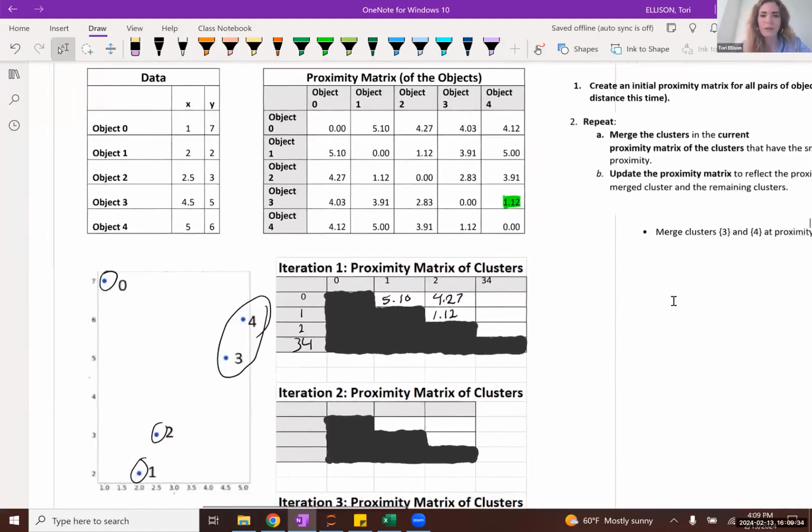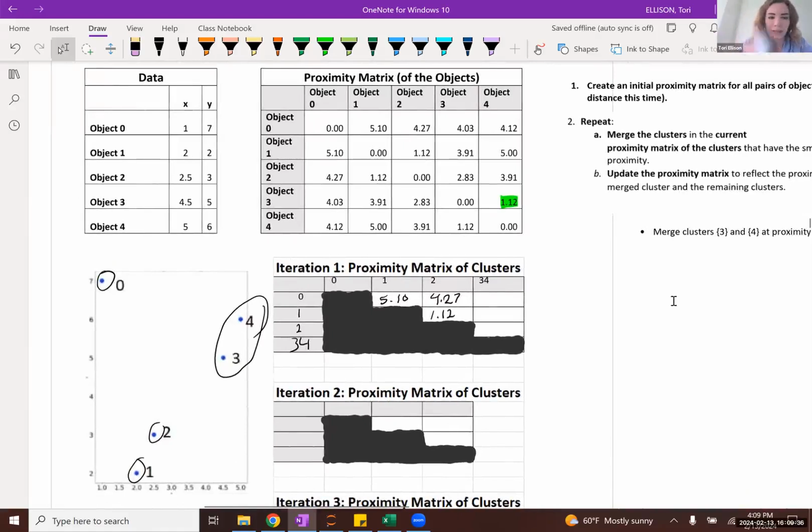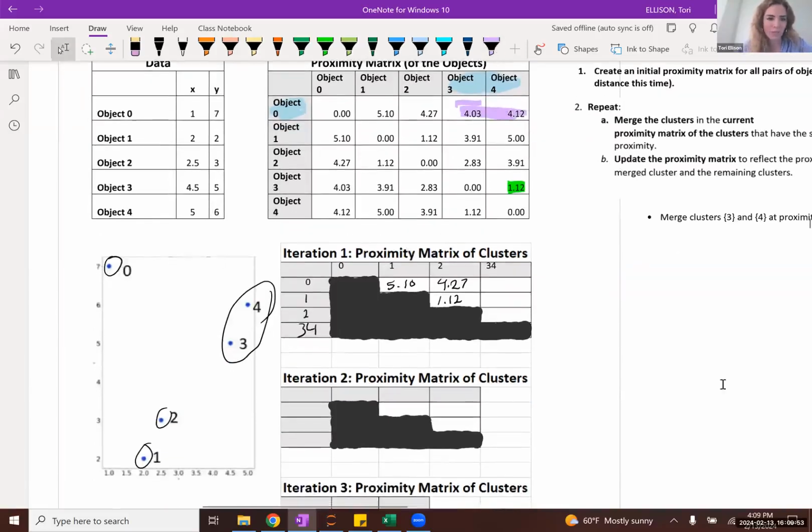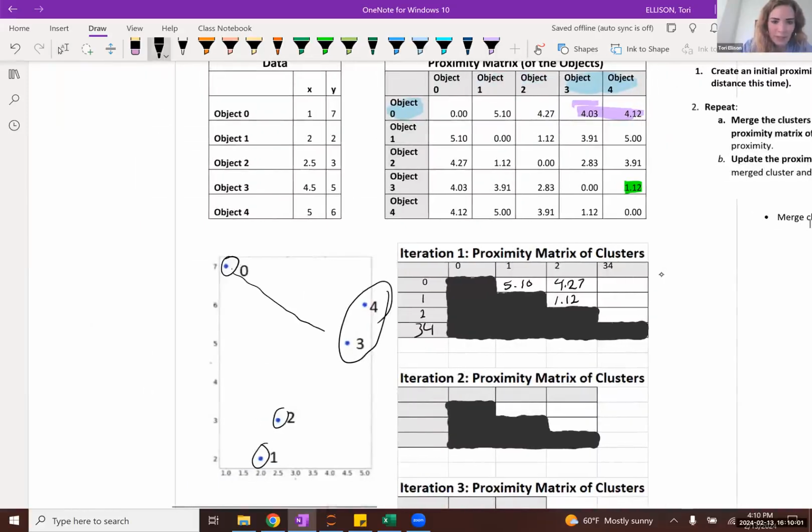So this is where the single linkage function in particular is going to come into play. So what we said is the way that we measure the distance between two clusters under this linkage function is the distance between the two closest points. So what we can see is that 0 and 3 are the two closest points in these two clusters here. So basically they have a distance of 4.03.